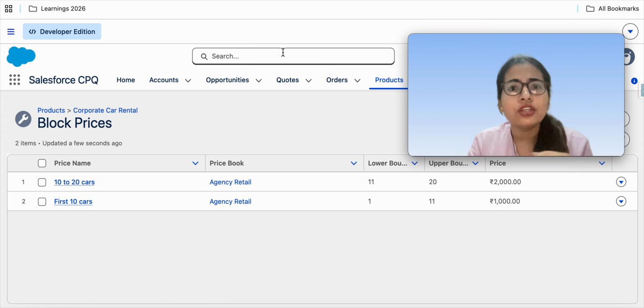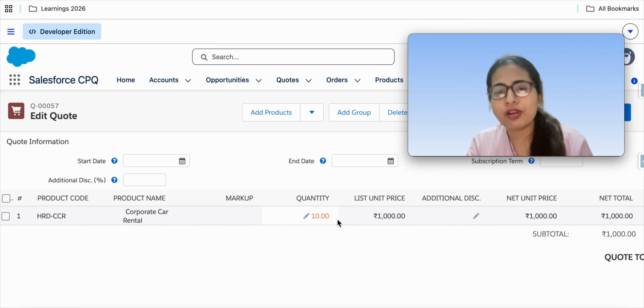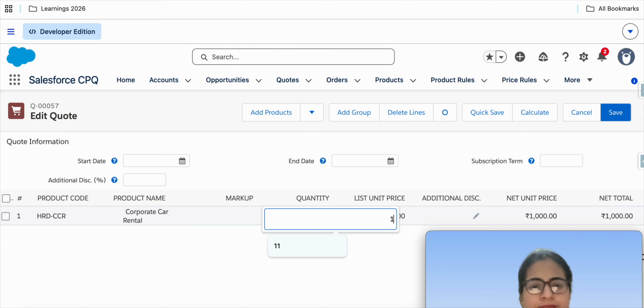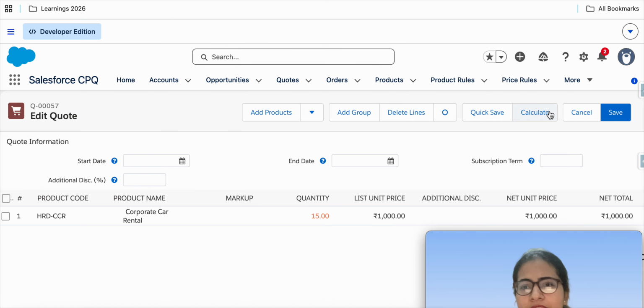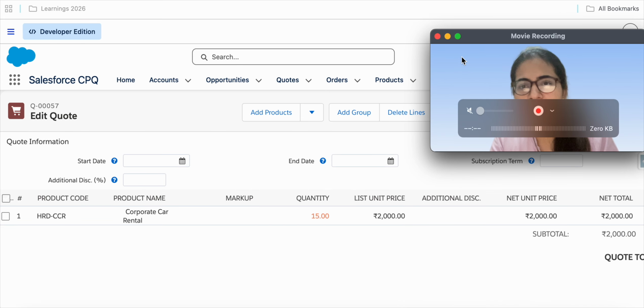When we check the quote line editor, if the number of cars is 10, then it is 1000. But if you change the quantity to, say, 15 and then calculate, you will notice the amount is 2000. So it is working based on the tier.